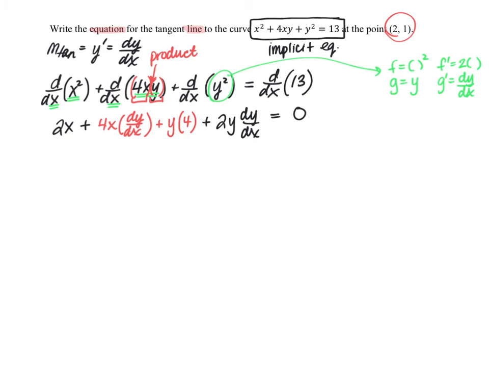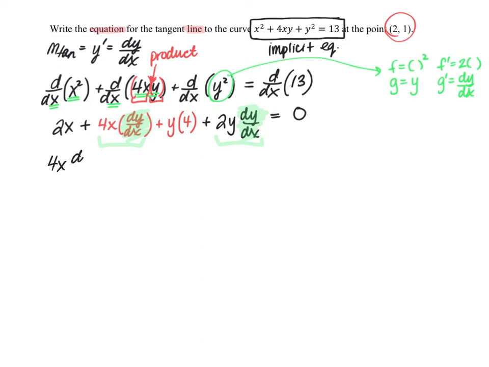So looking on the left side, we want to basically take account of all of my dy/dx's, since this is what I'm trying to solve for. So I'm going to go ahead and leave these two terms on the left-hand side of my equation and move my other terms to the other side.